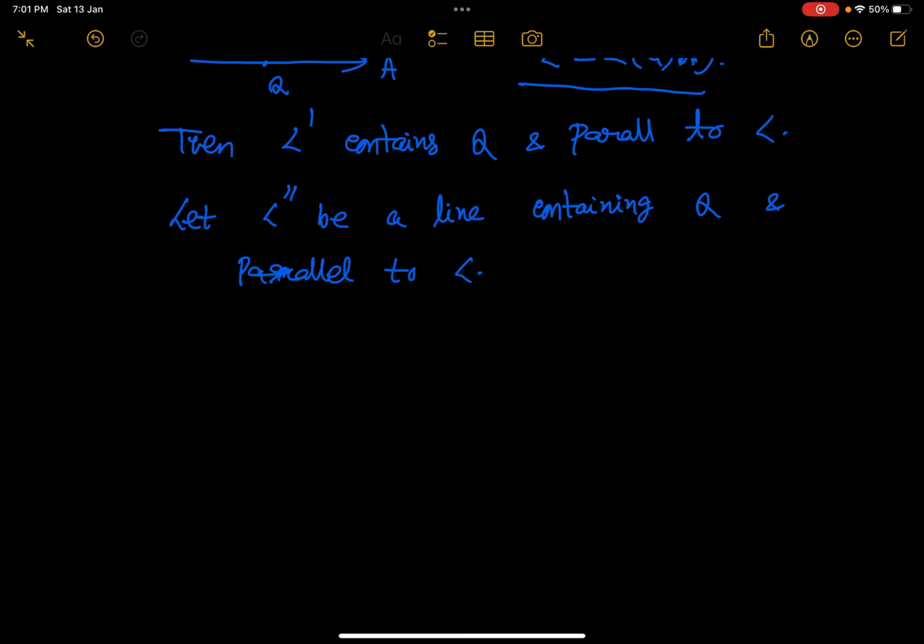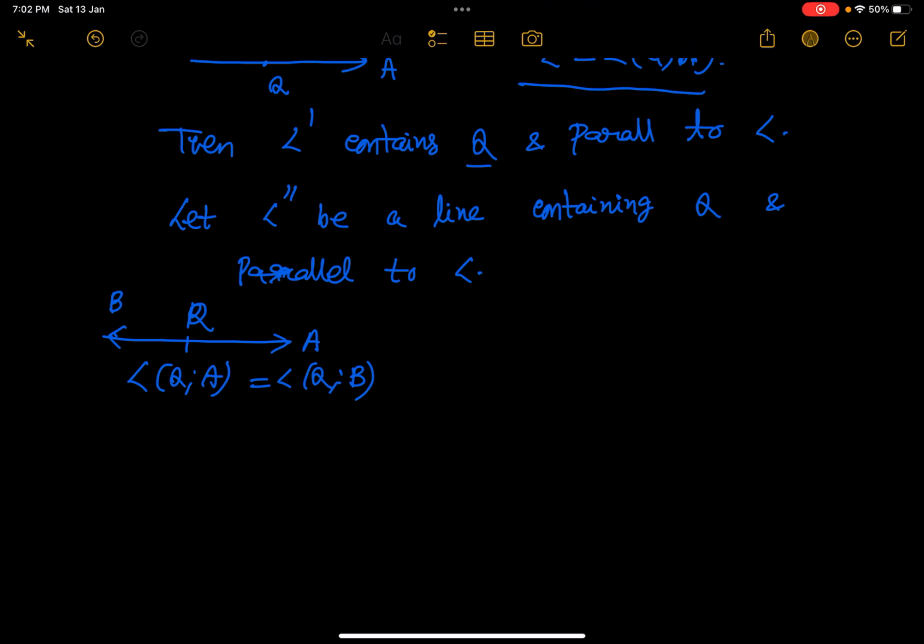Then by the first property that we proved, if you have two lines passing through the point Q with two directions A and B, and if the direction vectors A and B are parallel, these two lines must be equal. So L of Q comma A equals L of Q comma B.